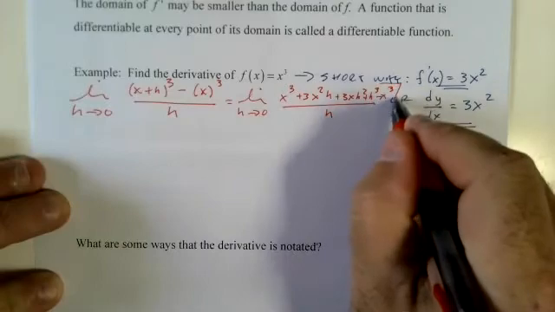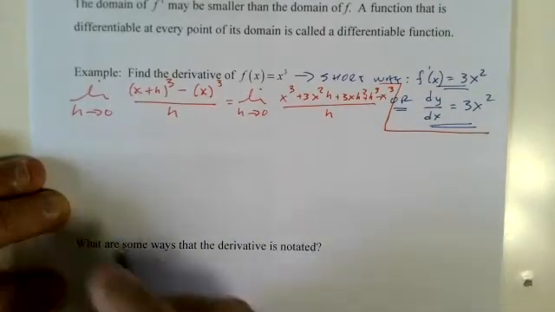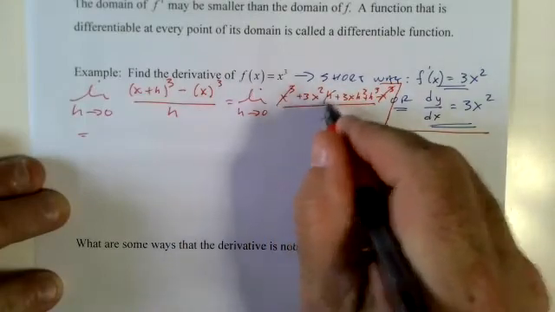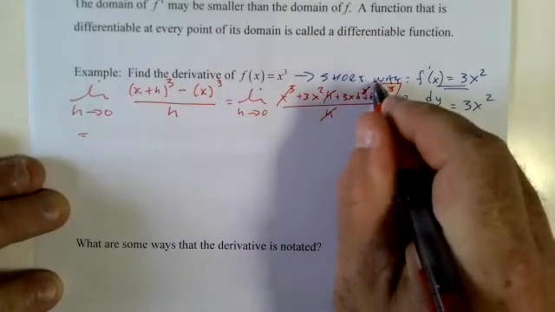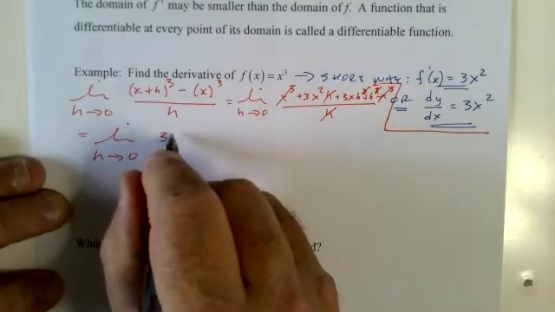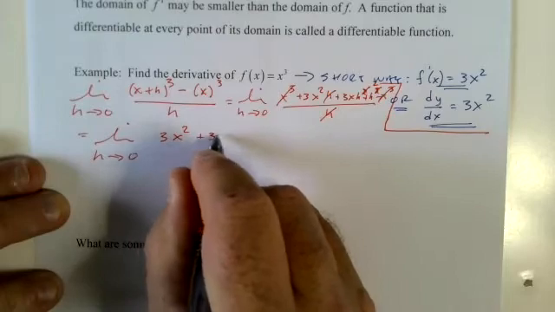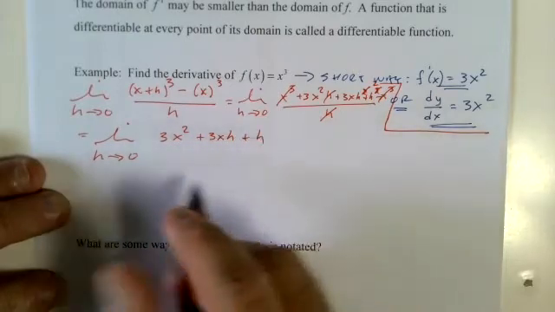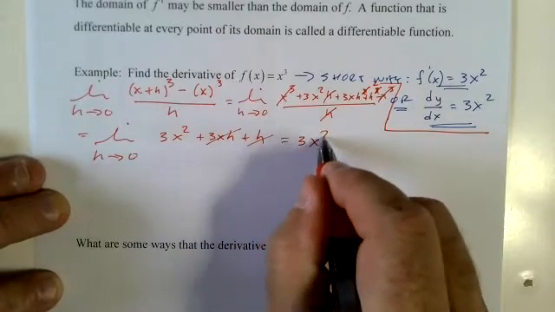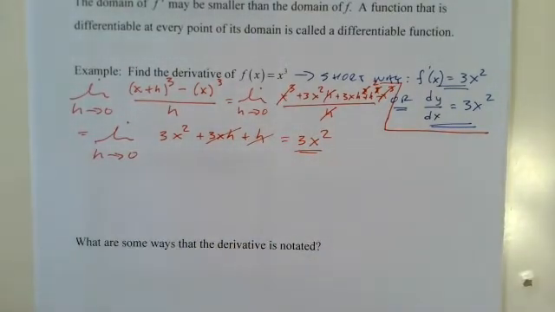Sorry for the mess. The x to the thirds cancel. All the h's pop out. Plug in h equals 0. See ya. 3x squared. Shocker. That's it.